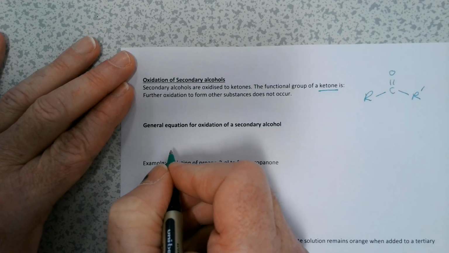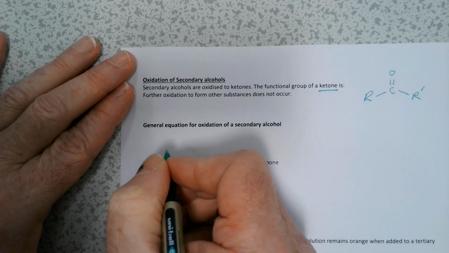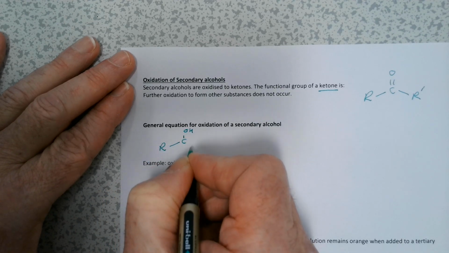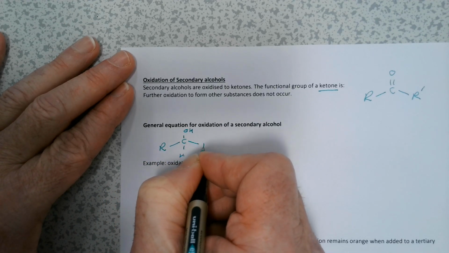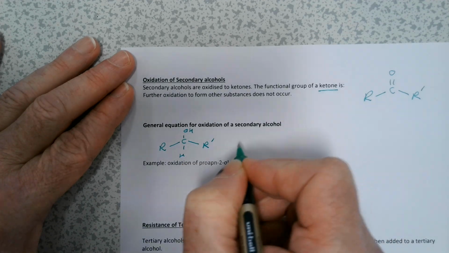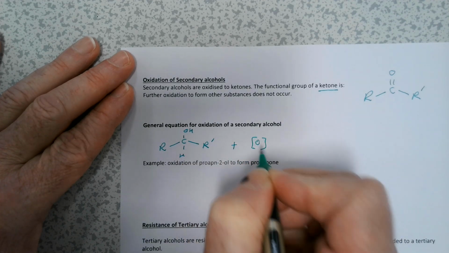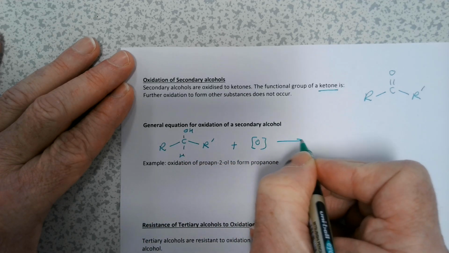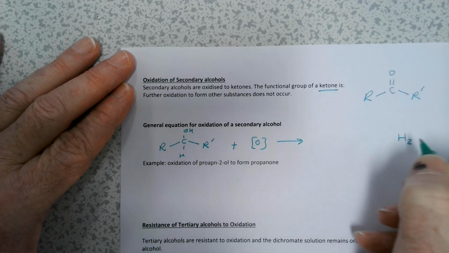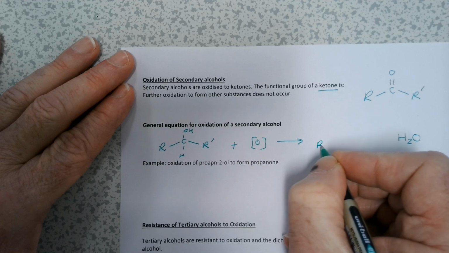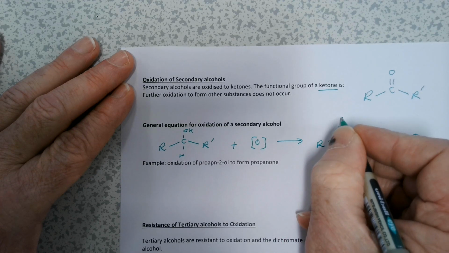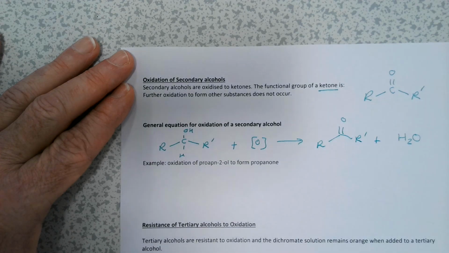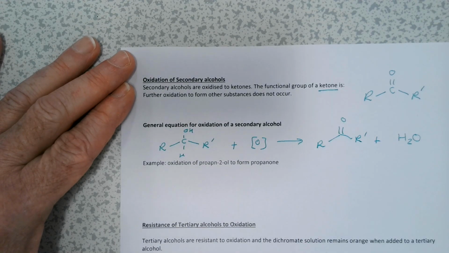So when we think about a secondary alcohol, we can oxidize it. The oxidizing agent again pulls 2 hydrogens out to make water, and leaving behind that ketone structure.